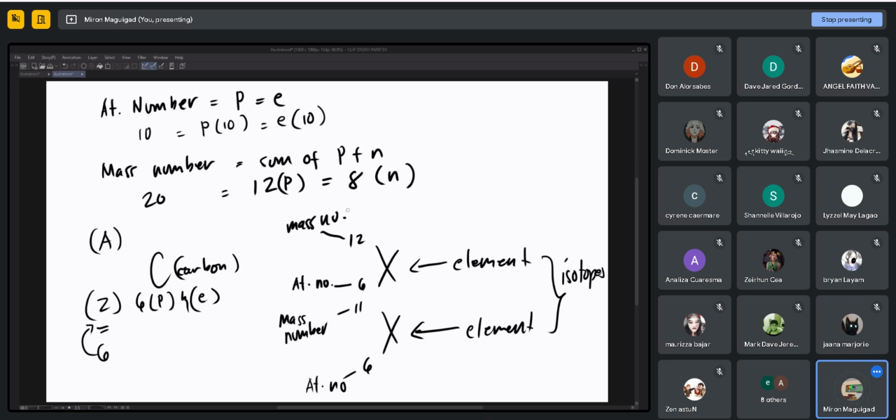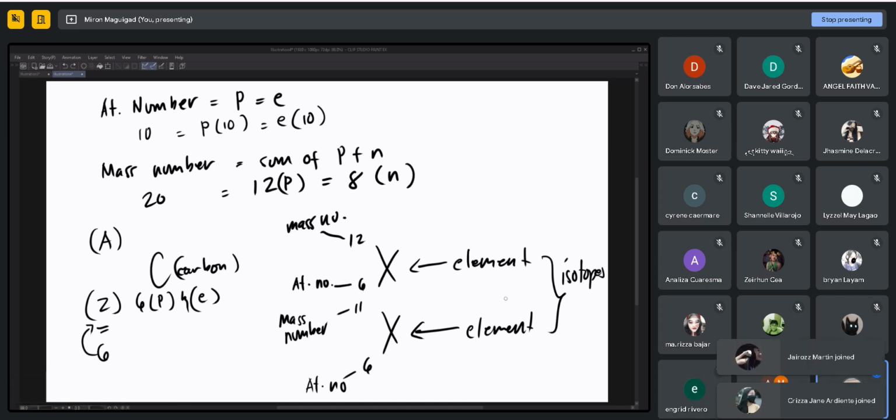Okay. So sabi rito, atomic number is the same for all atoms of the same element, di ba? So same element X and they have different masses. They're called isotopes.